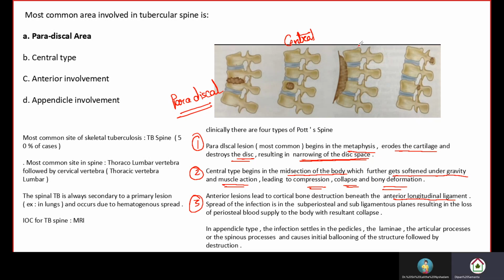Spread of infection is in the subperiosteal and subligamentous planes, resulting in loss of periosteal blood supply to the body with resultant collapse.